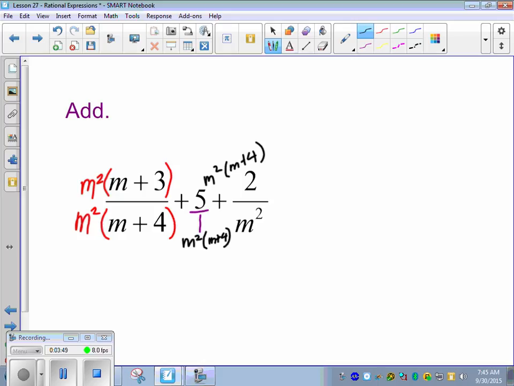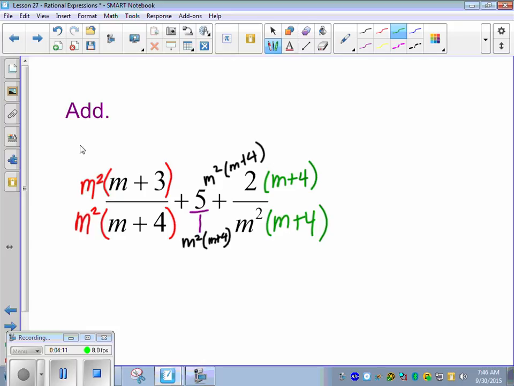I know some of you can do this in your head. And then the last fraction, what's missing? What should I multiply that by? m plus 4 over m plus 4. Now I'm going to distribute, make one big line of terms in the numerator and put it all over the common denominator.